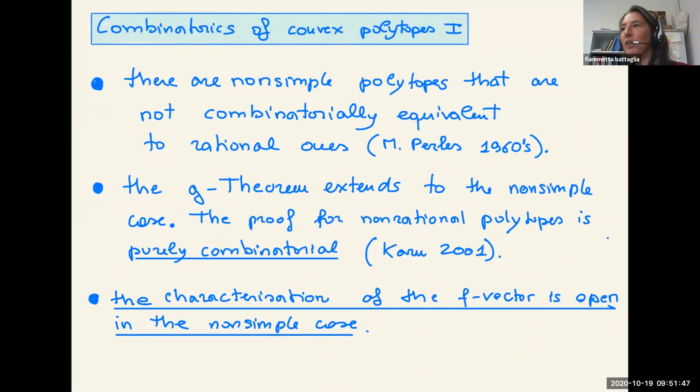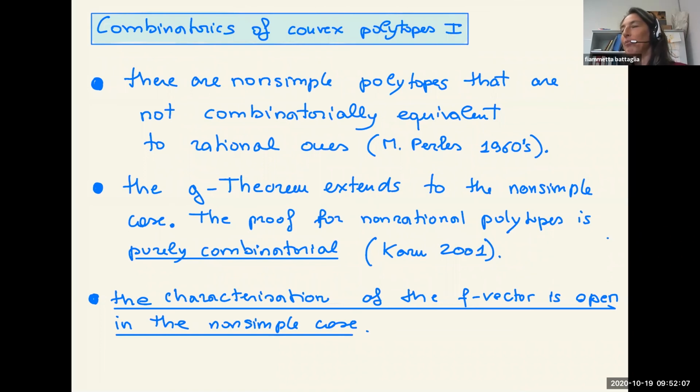The only thing that I said is still open, here in this slide, there are actually a couple of things. The third point is that a full characterization of the F vector for the non-simple case is an open question.